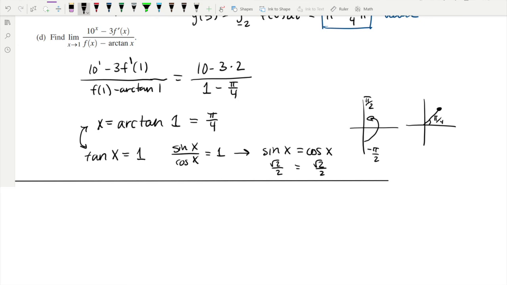And so we could simplify that a little bit. 10 minus 6 is 4 over 1 minus pi over 4. We can leave it like that, I think. This is our answer. Notice, this limit problem was just a direct computation problem. It didn't involve any L'Hopital's rule or anything like that, which maybe you thought it might initially.